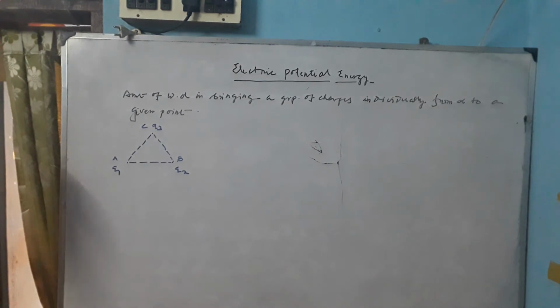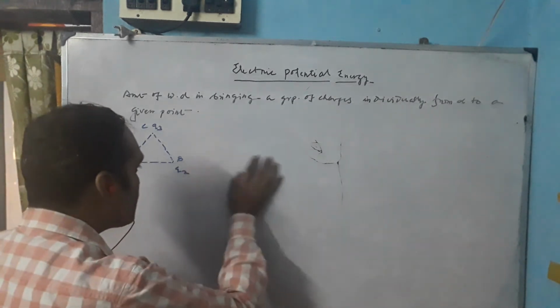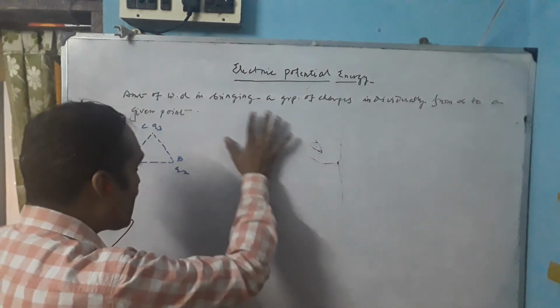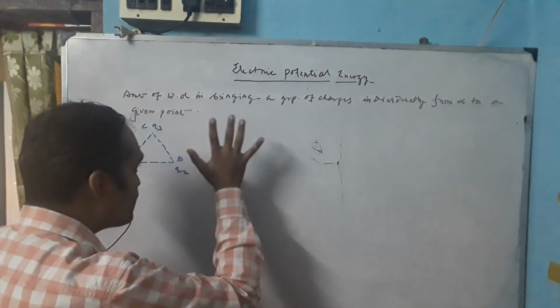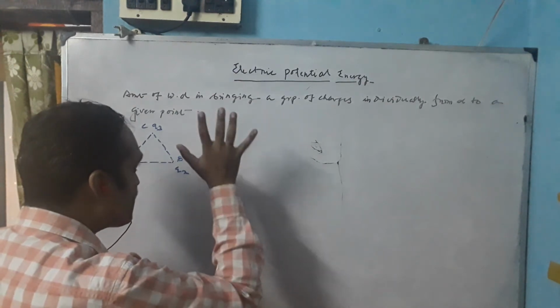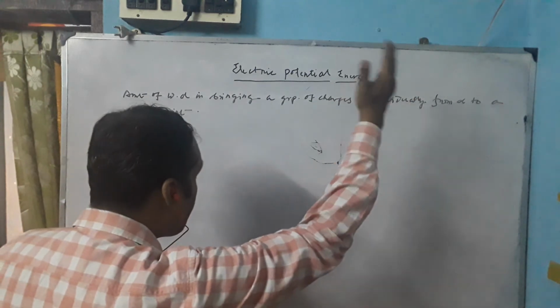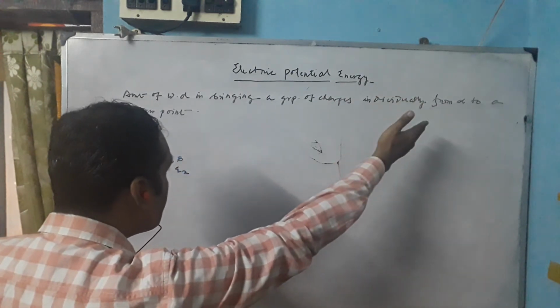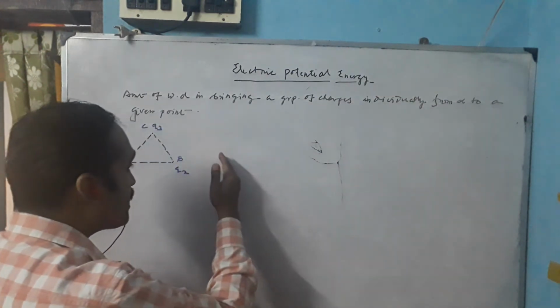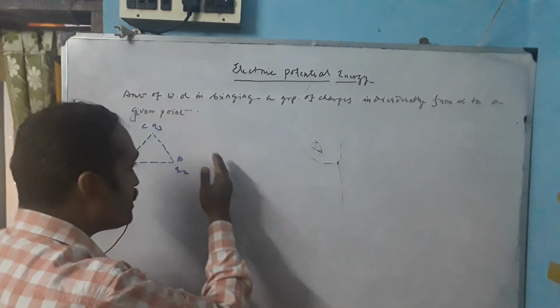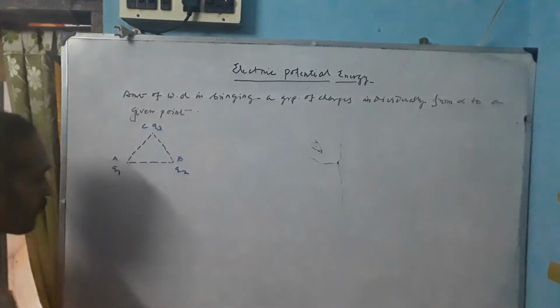Now let us think in this way: it is quite true that in this region, if we don't have any charge, then no field exists. So we can bring any one of the charges from infinity to this particular point without doing any work.